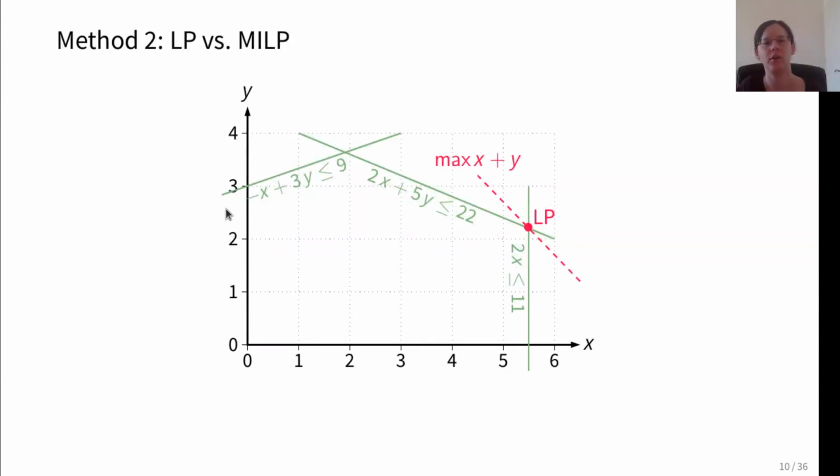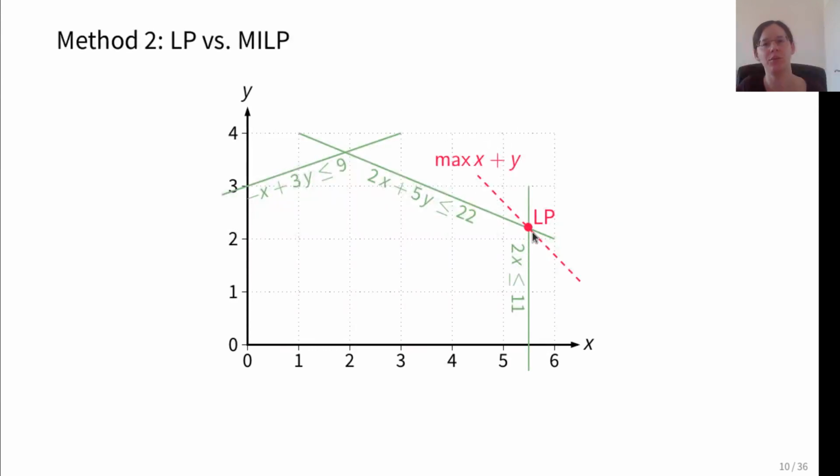So this line says that all variables in this half of the space are okay. This one here says that everything below here is okay, is permitted by the constraints. And same here, everything on this side. So everything in this thing here with 5 angles or 5 corners is an acceptable solution. And now we have a maximization goal. What we want to maximize is the sum of x plus y.